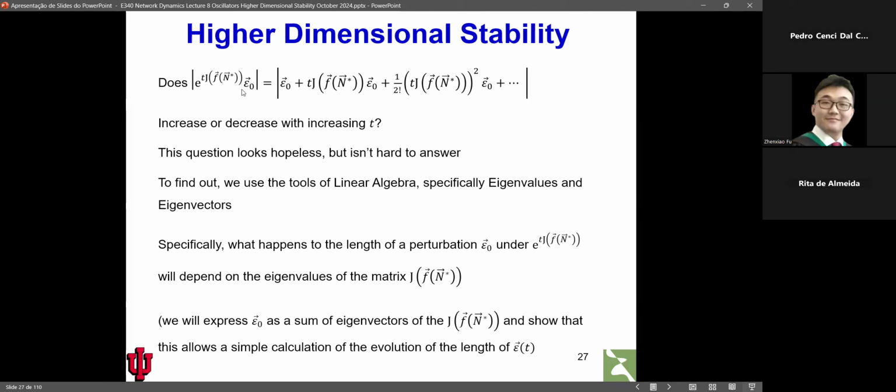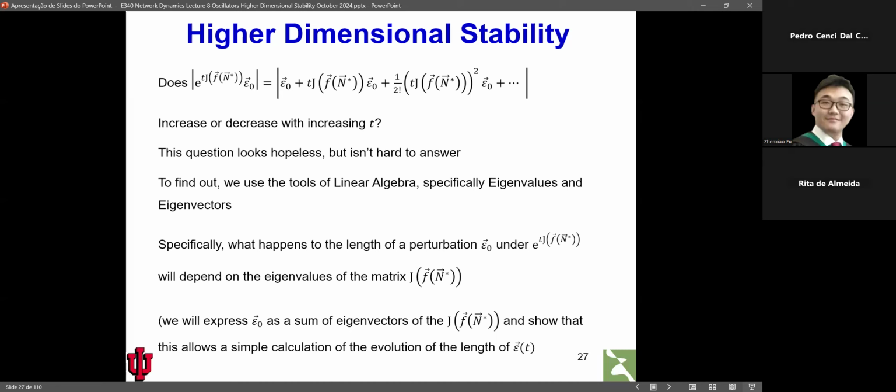Once I know the eigenvectors of this matrix J, I can write epsilon naught as a linear combination of them, because I'm going to expand epsilon naught as a sum of the eigenvectors of J. And then when I apply J over epsilon naught, I'm applying J over the first eigenvalue, and the second, and the third, and I can determine whether this is increasing or decreasing, right?